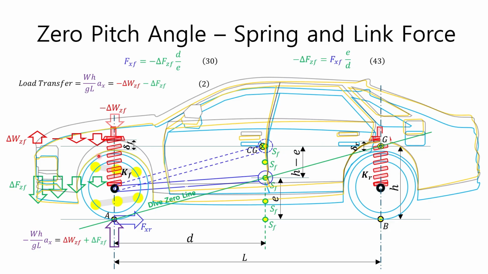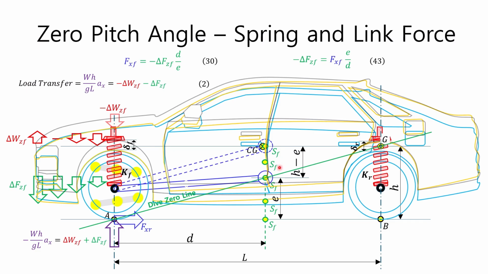In the case of front wheel braking, if the height, E, of the virtual reaction point, SF, lies above the line connecting points A and G, the force acting through the front spring during braking becomes smaller than the force acting on the spring in the steady state. Consequently, the force acting on the spring acts vertically upward to tension the spring, causing the front ride height to increase while the rear ride height remains unchanged.